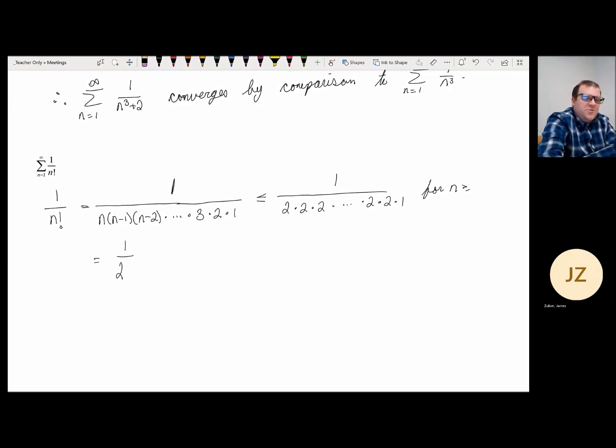I'm sorry, this is actually true for n greater than or equal to 1. How many terms were over here? And if you take n factorial, how many terms do you have?